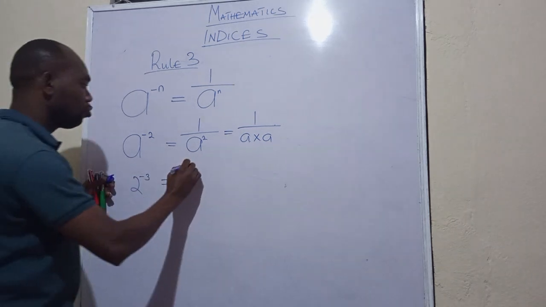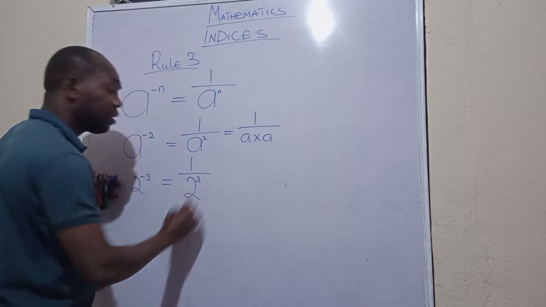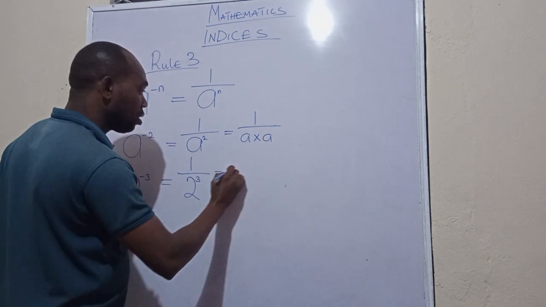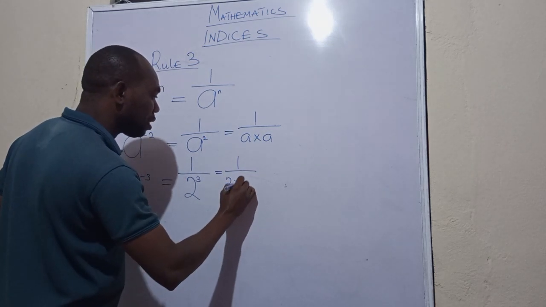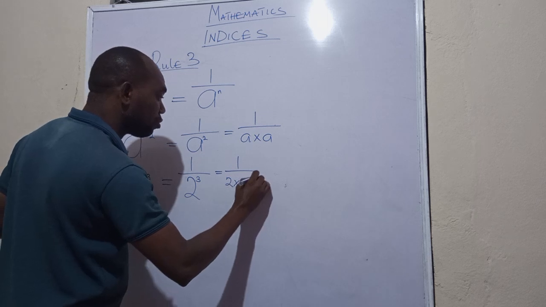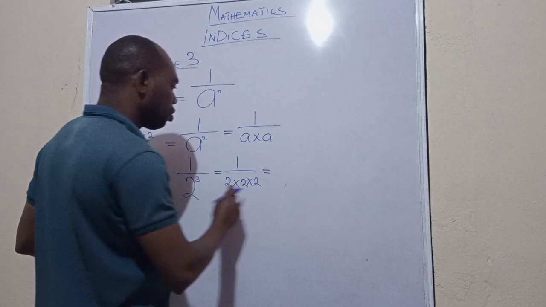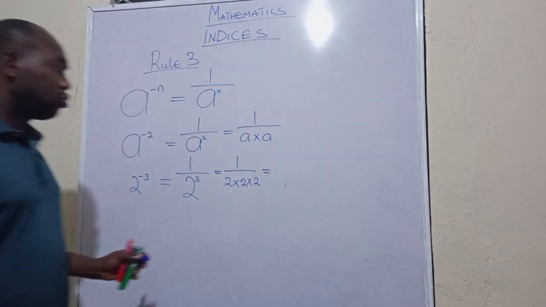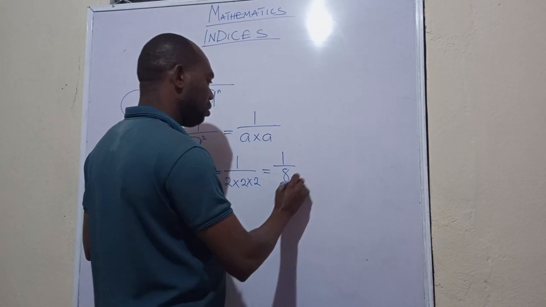So it's now going to be 1 all over 2 raised to the power of 3. And in expression, it simply means 1 all over 2 times 2 times 2. And 2 times 2 times 2 is 8. So we will have 1 all over 8.